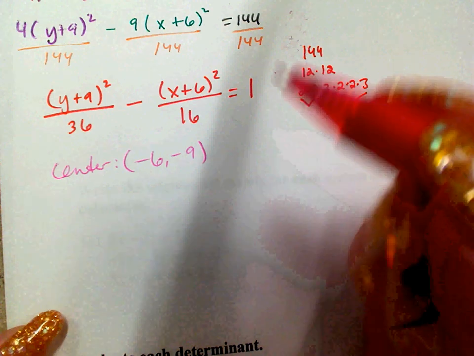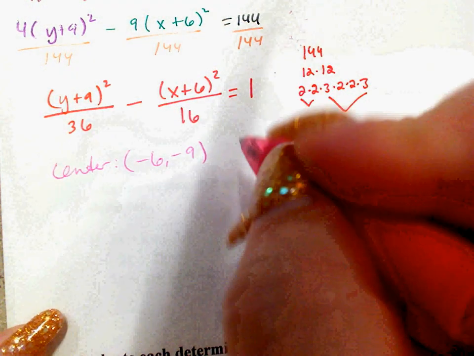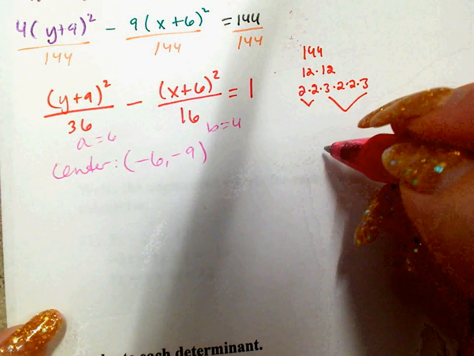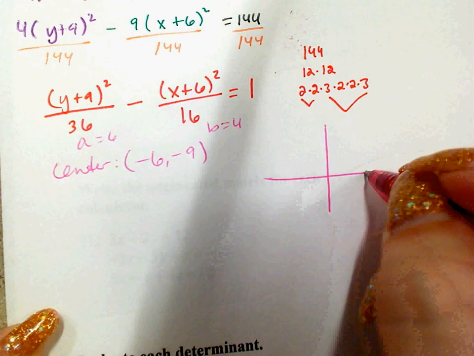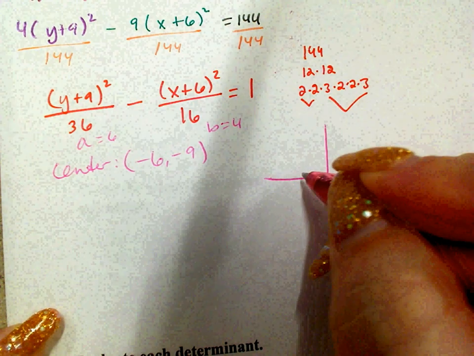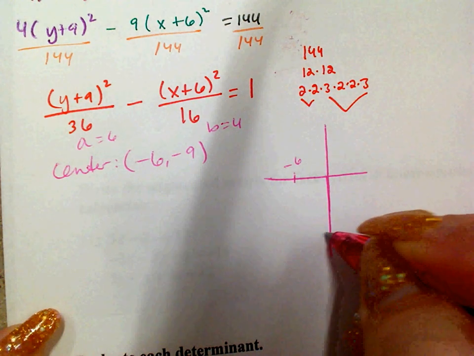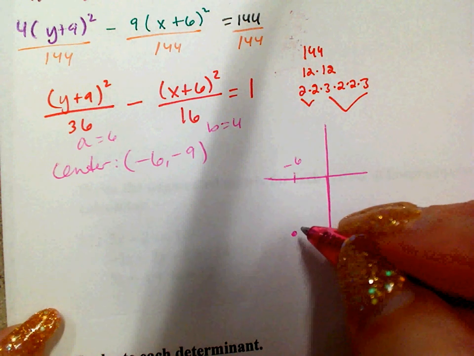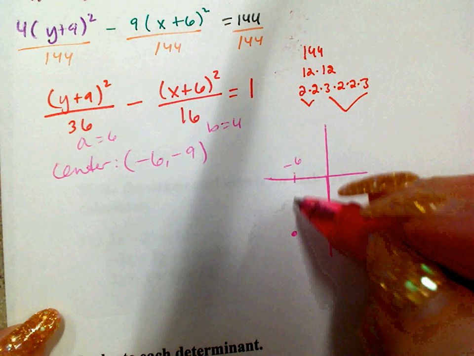I know A is 6. I know B is 4. I know that this is a vertically aligned hyperbola. So I know that I'm going to go -6 and -9 to get to my center. And then I know I'm going to go up and down 6 to get to my vertices, the only two vertices I have.